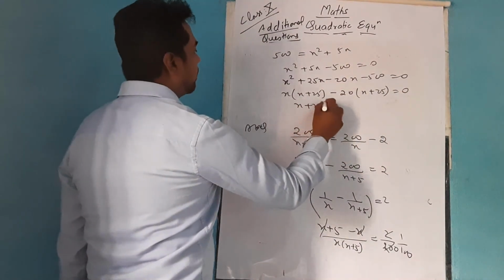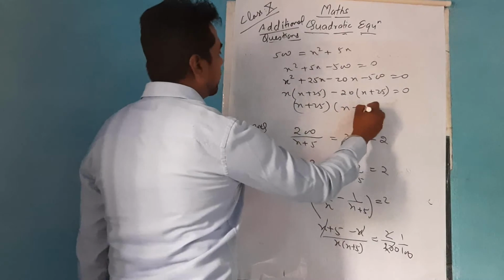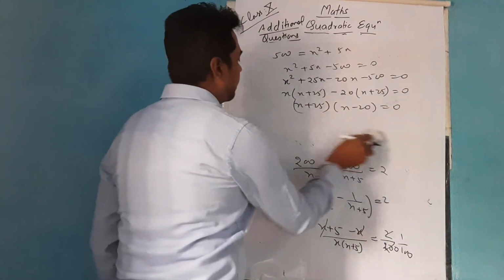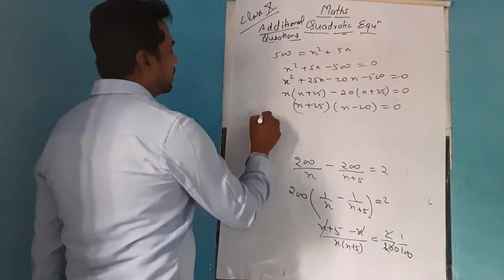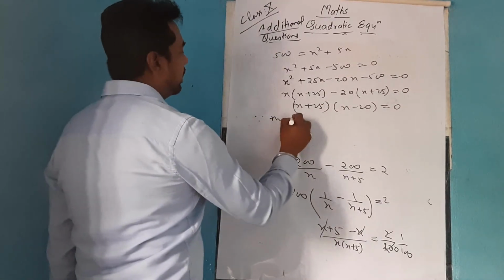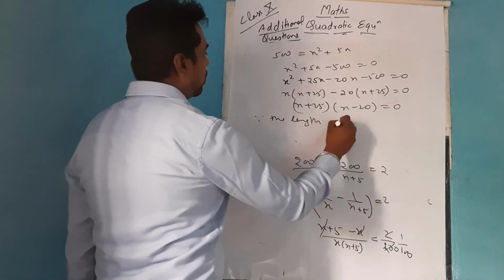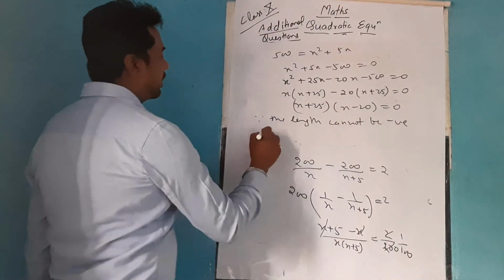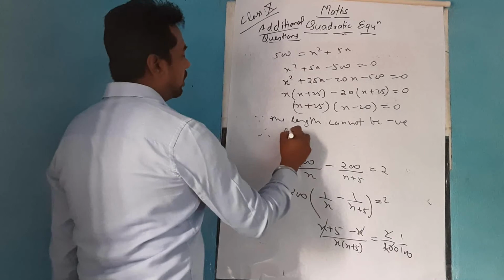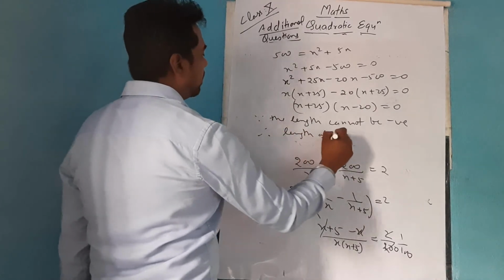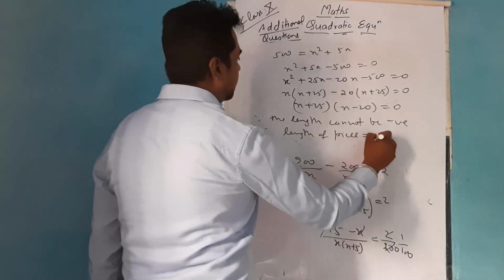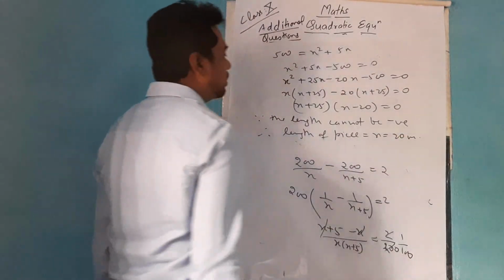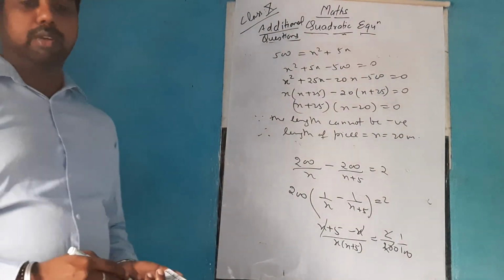Further x plus 25 is common, left with x minus 20. So from here you will get the value of x. Since the length cannot be negative, therefore the length of the piece is x equals 20 meter.